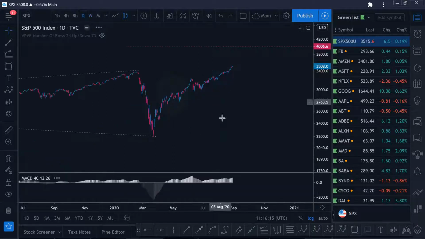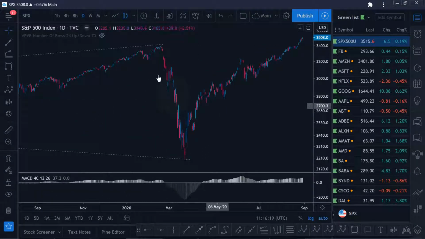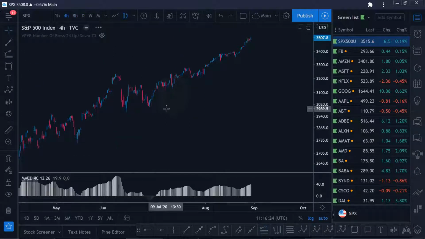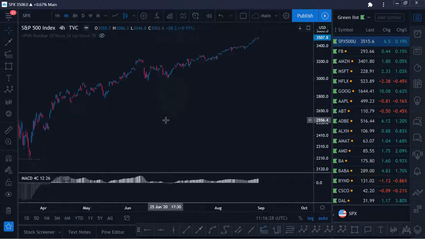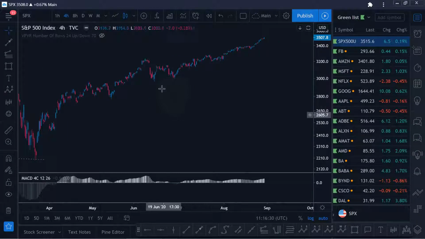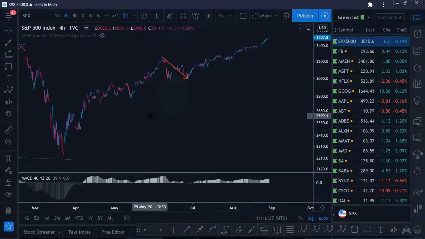So now we're going to look at what we've experienced in this recent wave. Going down into, say, the 8-hour, 4-hour, we've only really had one crossover, as you can see, which is down in this region. So with that in mind, that is our corrective structure.